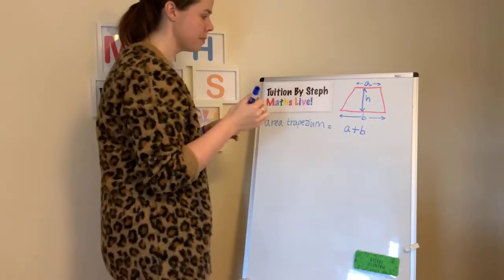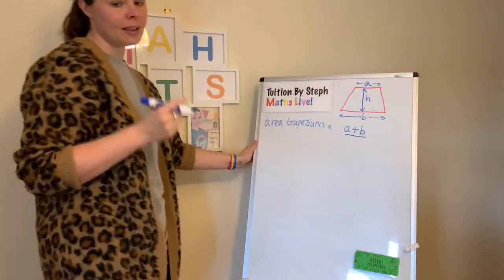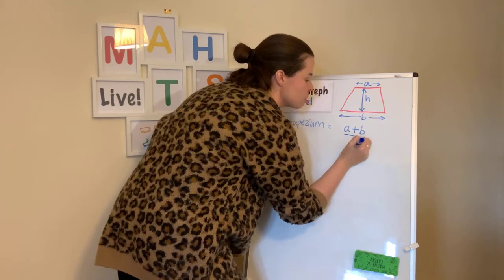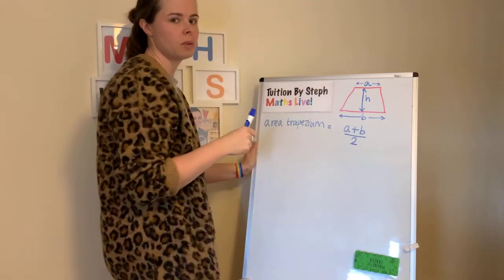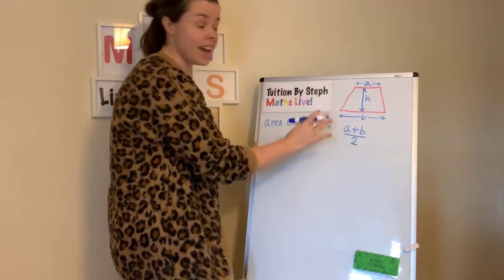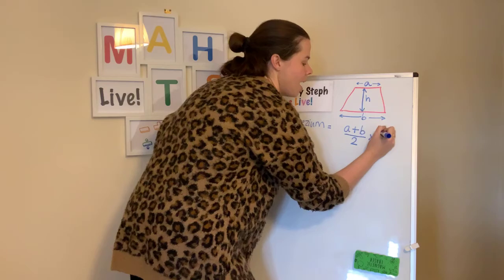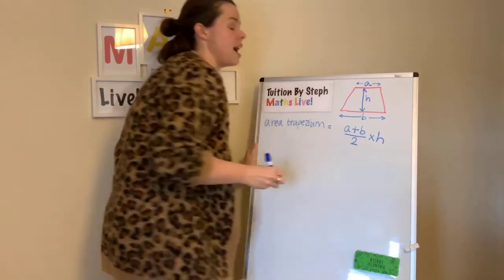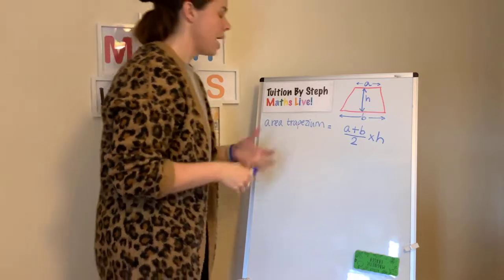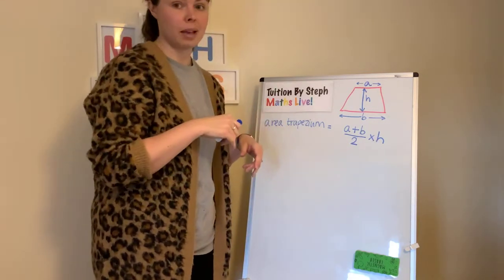So A plus B divided by 2. So we add the top and the bottom. We halve that answer. And then for this, whatever that is, we then times it by the height. So that is how you find the area of a trapezium. Okay? You add the top and the bottom, you halve it, and then you times it by the height.